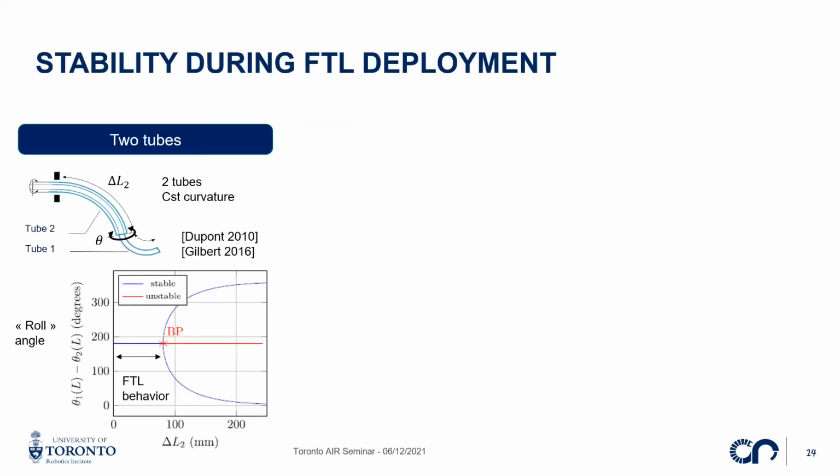The problem is that a famous result of the literature is that when you have these 2 tubes in opposition, you can encounter stability issues during the deployment. What we do is assemble the tubes and increase this interaction length, delta L2 here, so the deployed length of the robot. Everything goes fine at the early stage of the deployment.